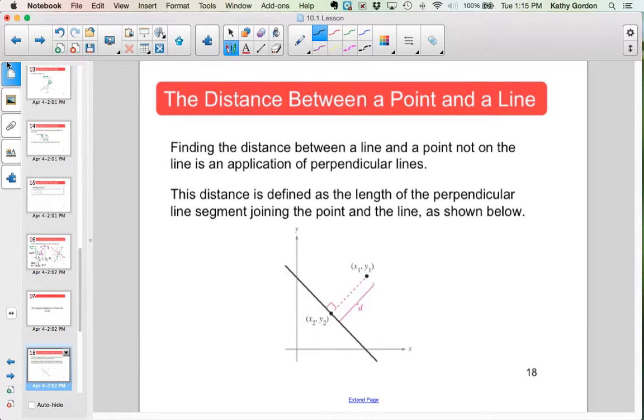That's the distance we're looking for. So it's not just any distance from the point to the line, it's the shortest distance, which means your segment here that represents the distance would be perpendicular to the line that you're interested in.